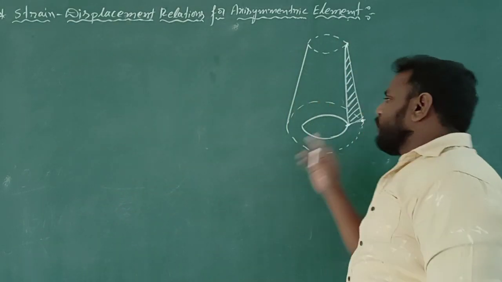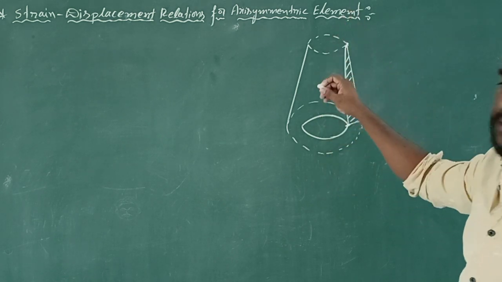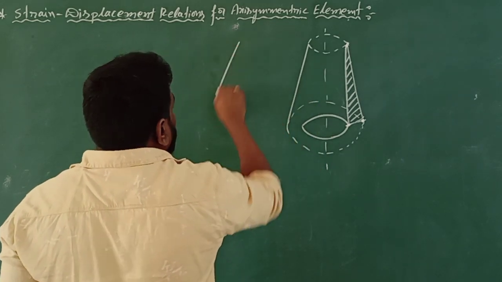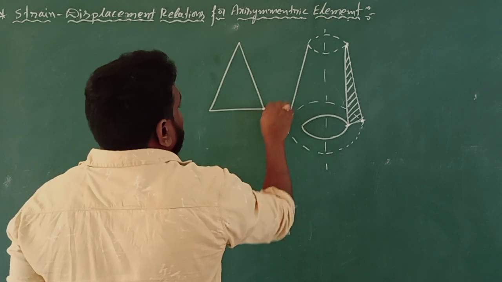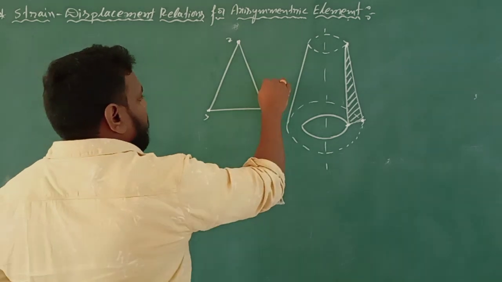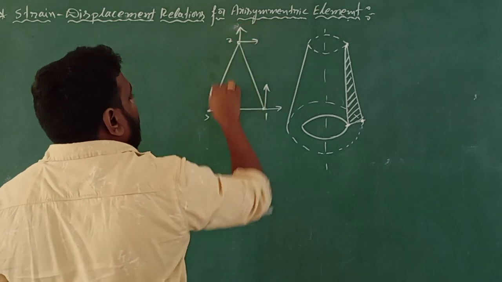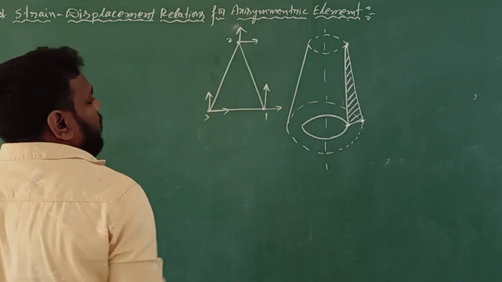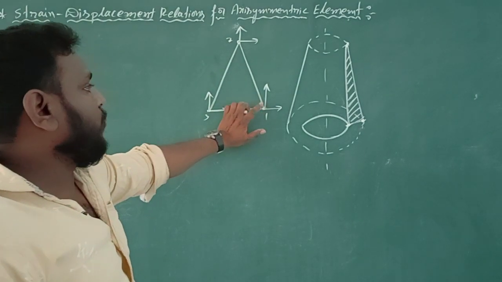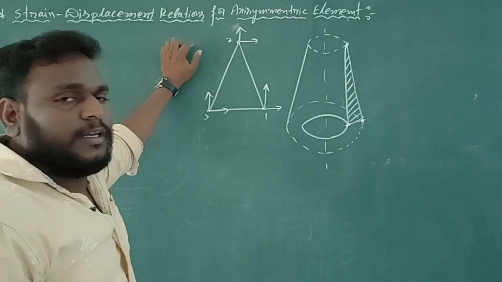Each node has 2 displacements, one in the R direction and another in the Z direction, that is along the axis. I'm drawing this triangle here for explanation purposes. So these are nodes 1, 2 and 3. Every node has 2 displacements: R direction, Z direction, R direction, Z direction, R direction, Z direction.